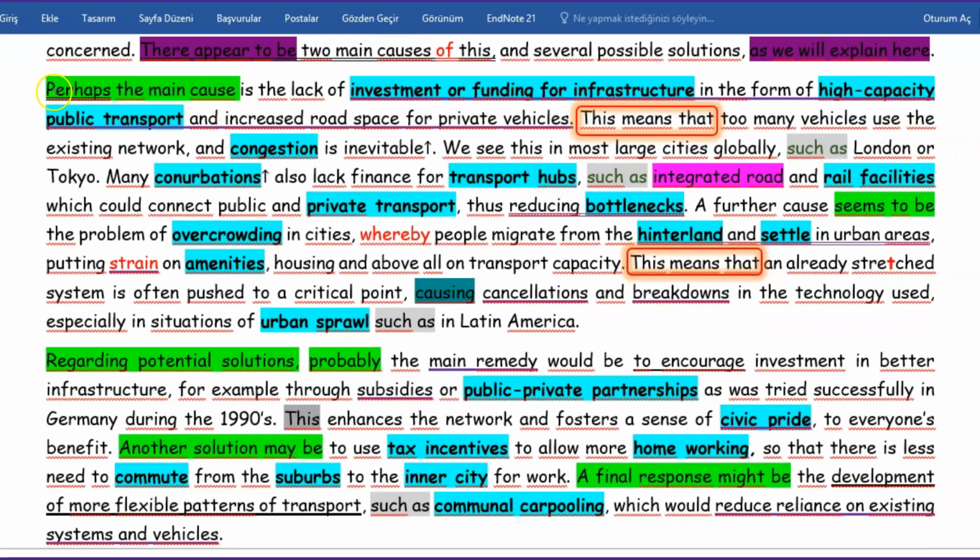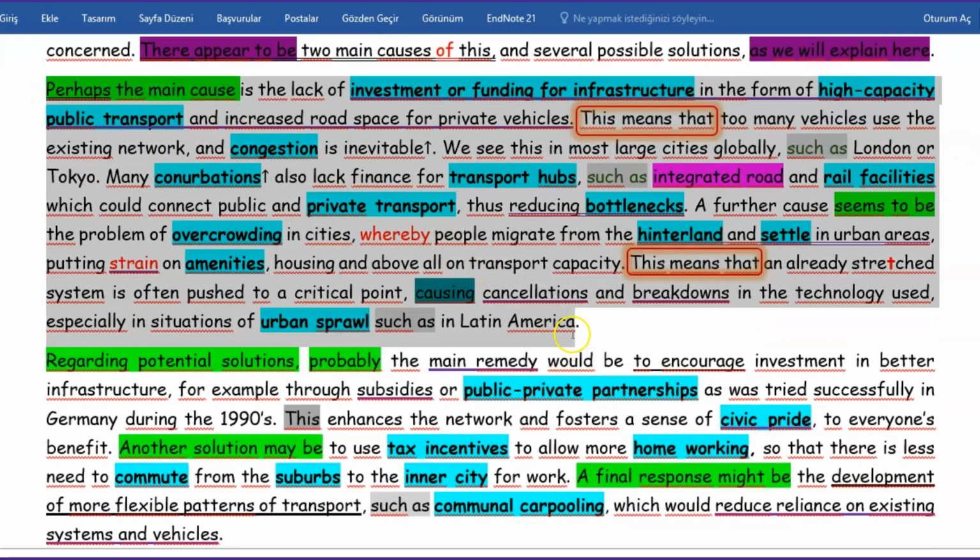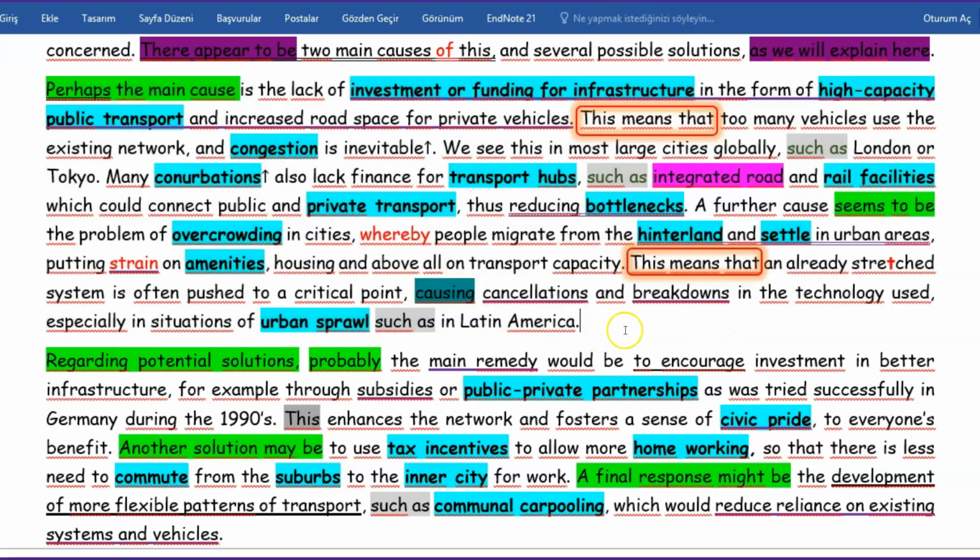Okay, our first paragraph, regarding the causes of this problem. Perhaps the main cause is the lack of investment or funding for infrastructure in the form of high capacity public transport and increased road space for private vehicles.